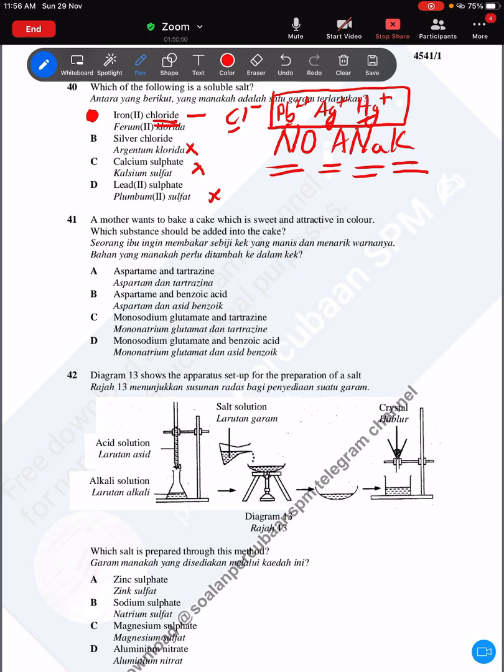Next one, 41. A mother wants to bake a cake which is sweet and attractive in color. Which substance should be added into the cake? Sweetener, and attractive is color. Any idea?